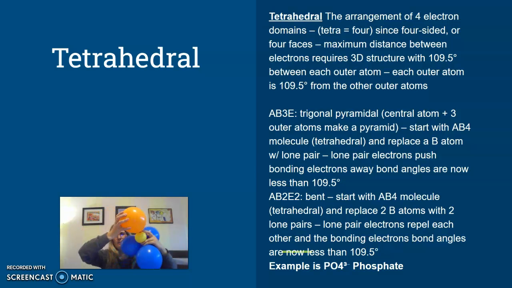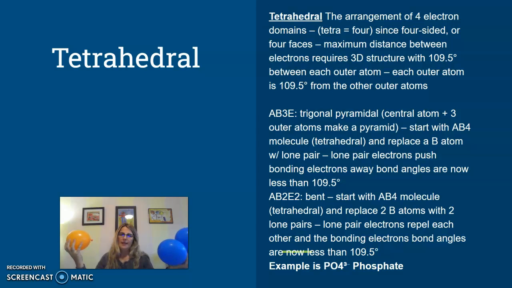And so that's this one. It has 4 domain attachments, but it can be an AB3E, which is with 1 lone pair, and then it can have AB2E2, which is where it can have 2 lone pair. And an example of that is the PO4 3- ion. So there's that one. That's the tetrahedral.